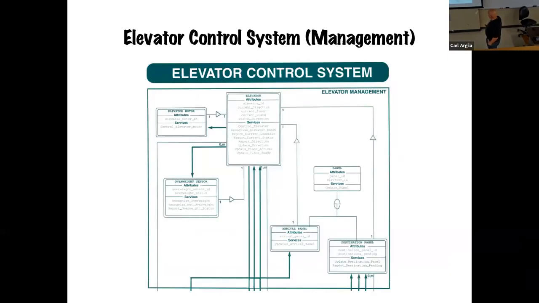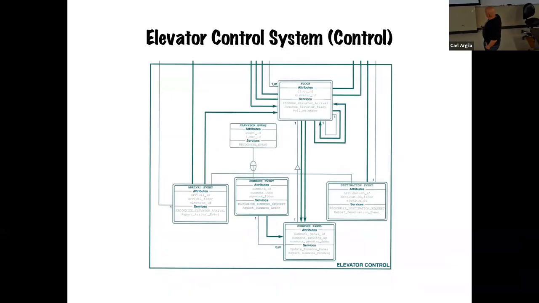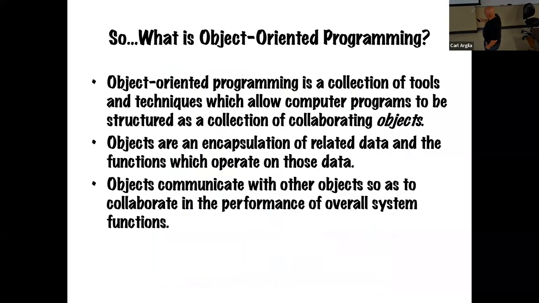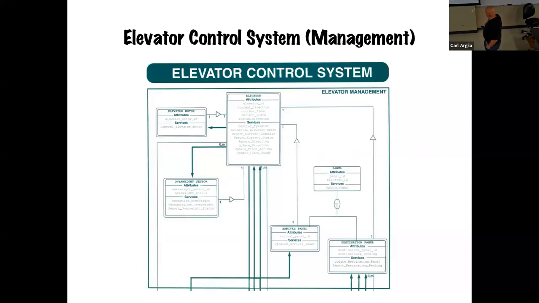By the way, object models like this also facilitate, and this wasn't mentioned in my three major bullet points for what is object-oriented programming, overall system design. And that's an area that's no longer in the area of programming, that's in the area of software engineering, the area of object-oriented analysis and design.